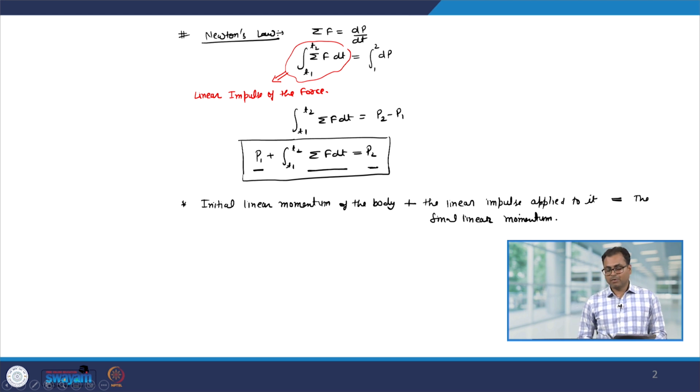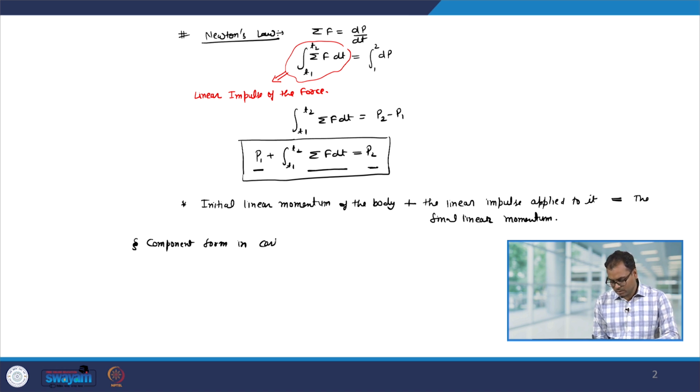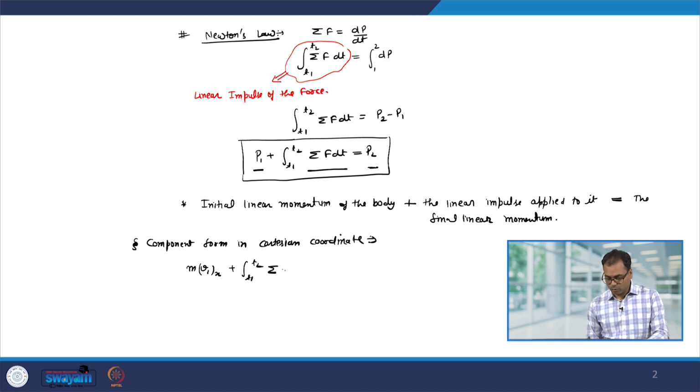Now this equation we can write down in Cartesian coordinates, component by component. So for the x component, we have p equal to mv, so m v1x plus integral t1 to t2 summation Fx dt equal to p2, which is m v2, but you have to take the x component of the velocity also.